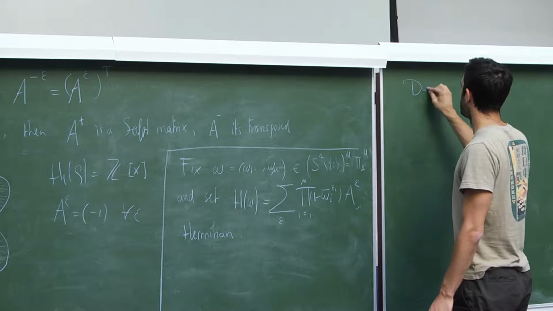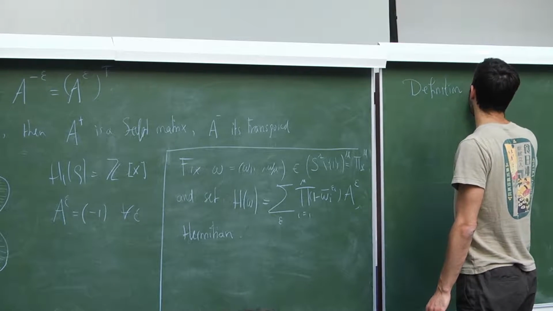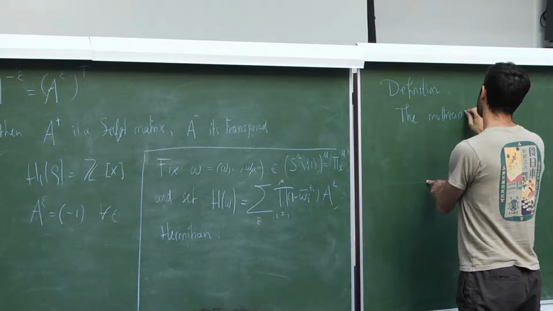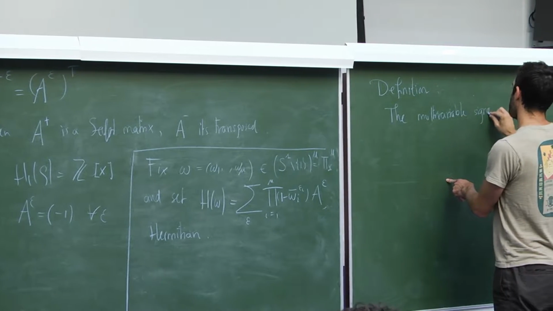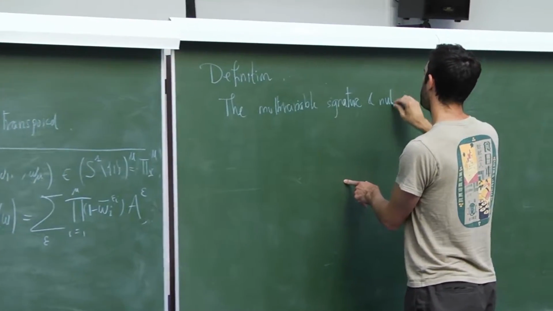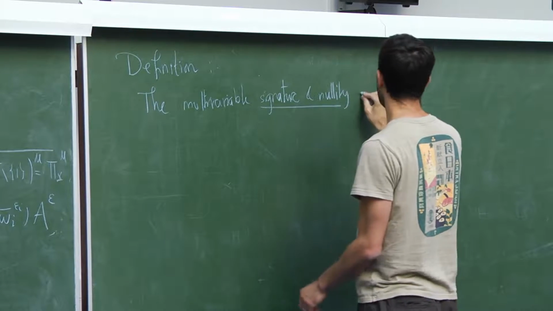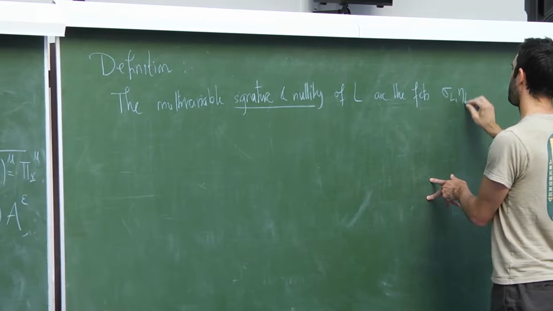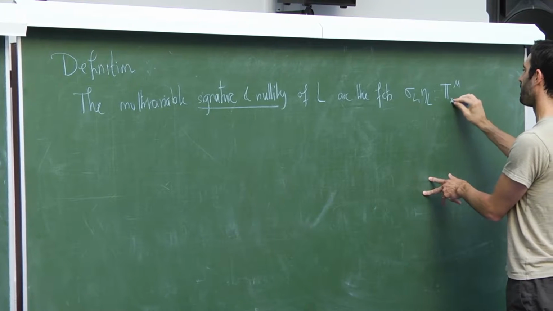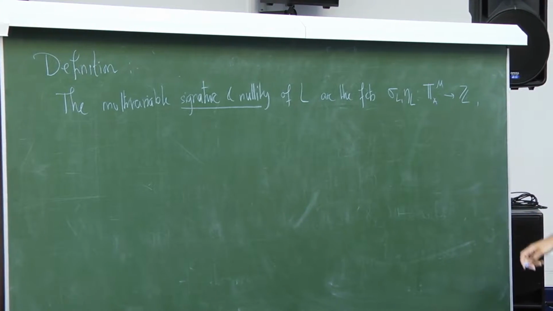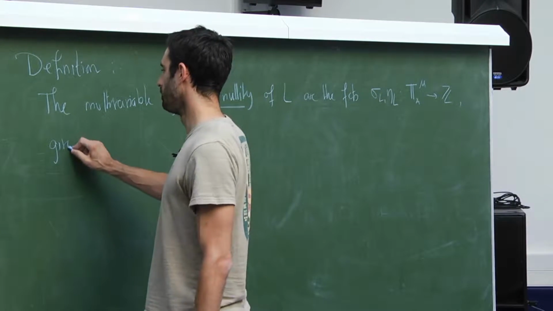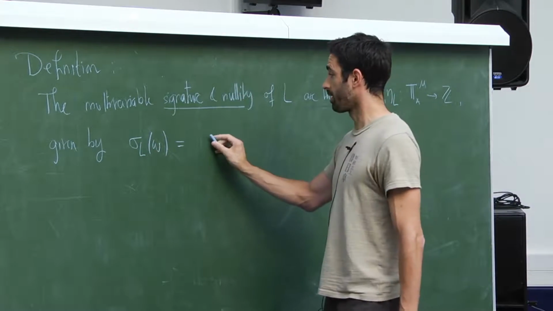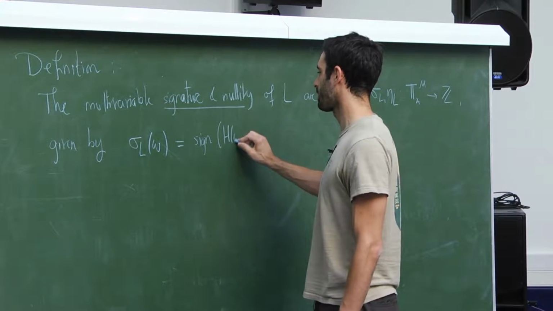Therefore, we define the multivariable signature and nullity of L are the functions sigma L, eta L defined on this mu-dimensional torus, taking values in Z, given by: so the signature is the signature of the Hermitian matrix.